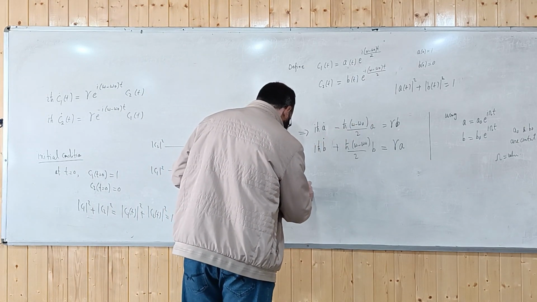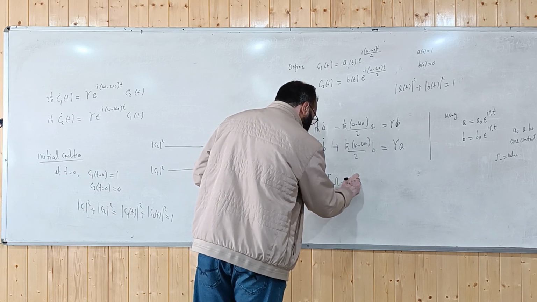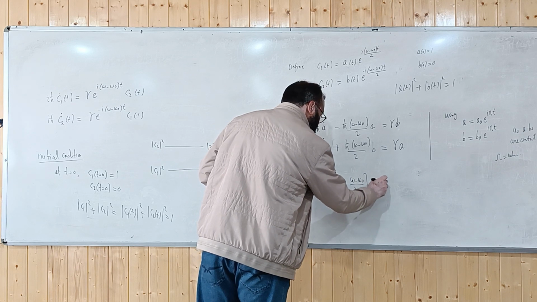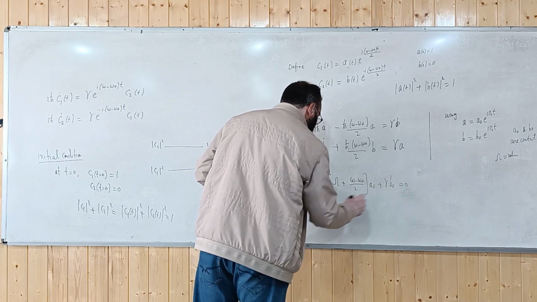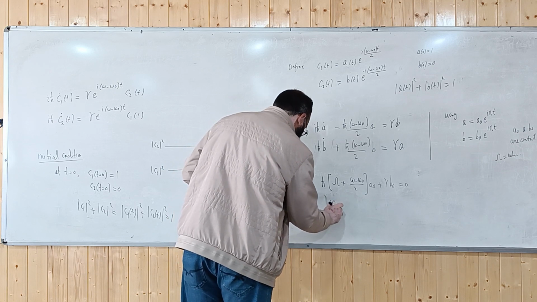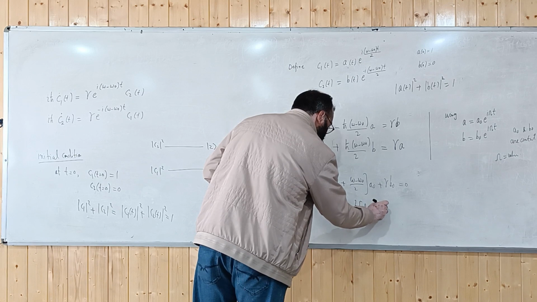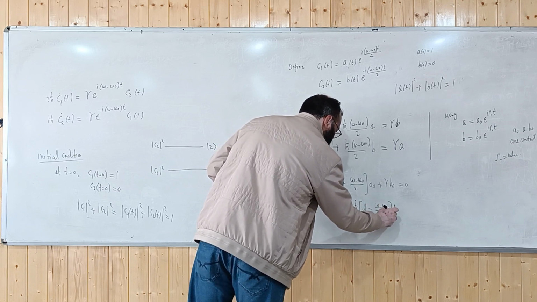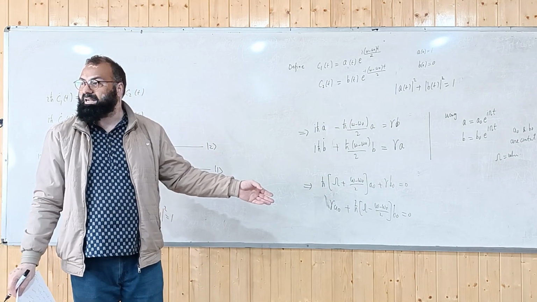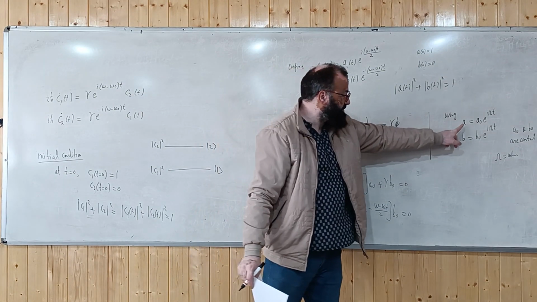You will get (h cross omega plus h cross (omega minus omega naught) by 2) A naught plus gamma B naught is equal to 0, and gamma A naught plus h cross (omega minus omega naught) by 2 times B naught is equal to 0. So you now have a set of two algebraic equations. Just substitute.